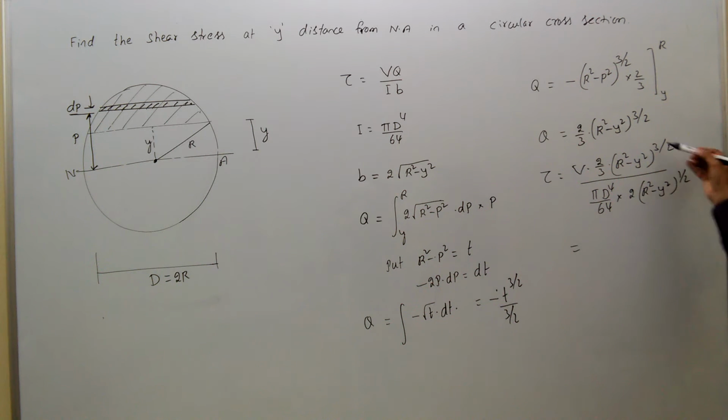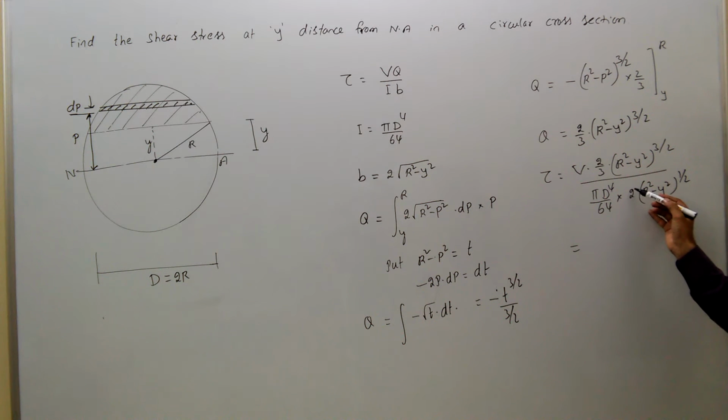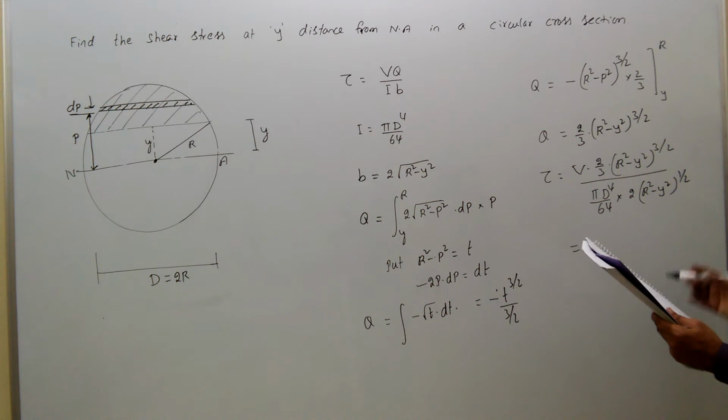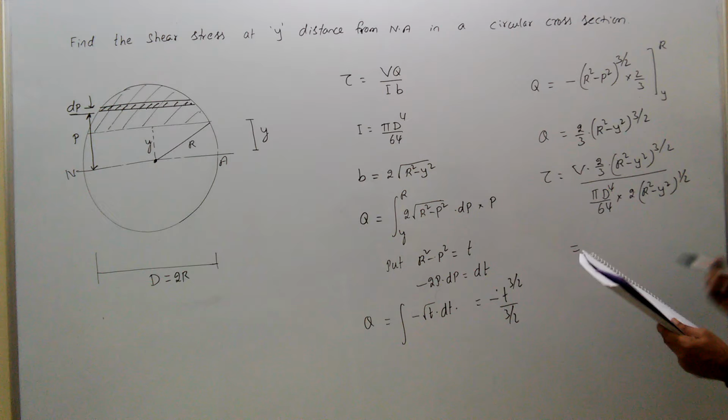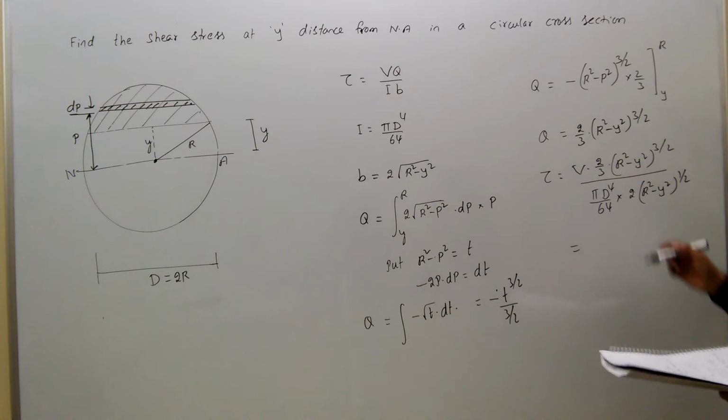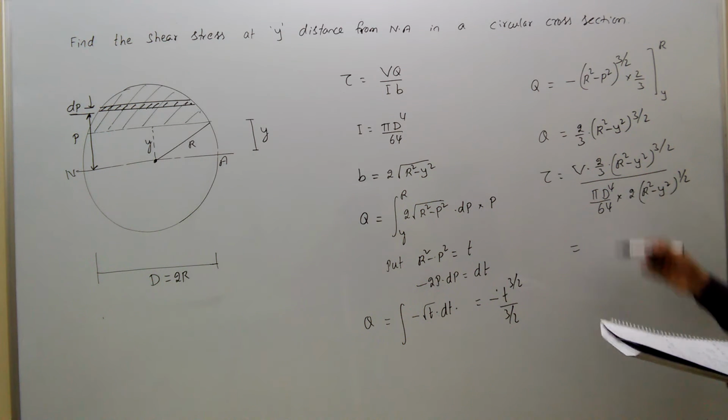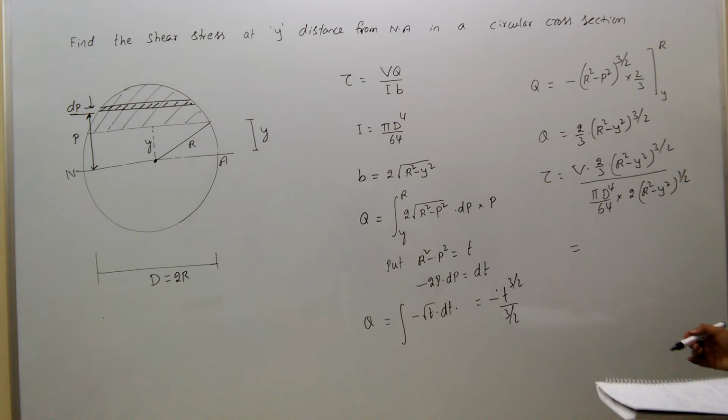So here 3 by 2, this half will get cancelled, actually 1 by 2, I mean 1 will be there. So 64 here, 2 gets cancelled, 3 is there here, 64 by 3 pi d power 4.